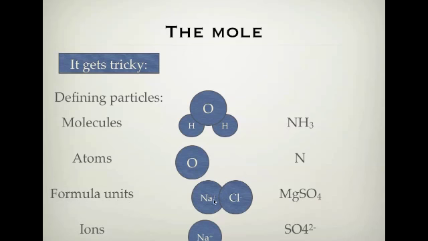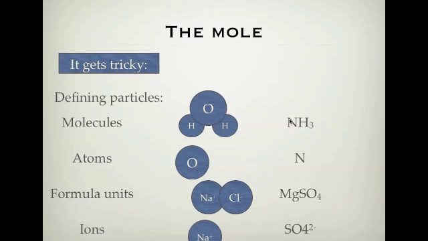So sodium chloride is a formula unit. It's like a compound, really. Well, it is a compound, but it's like a molecule, but not really. So formula units, things joined together. Ions are separate parts of the formula unit. You'll learn a bit more about this later on when we do ionic bonding, but just have an understanding about what each of these particles might mean.